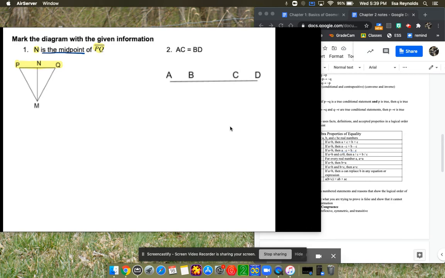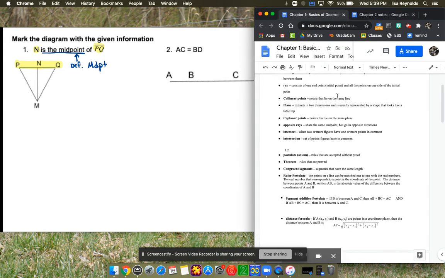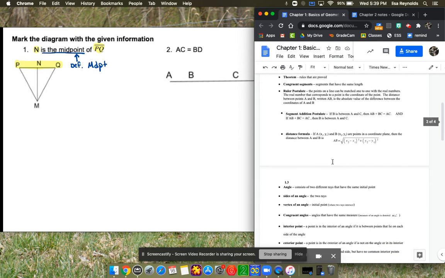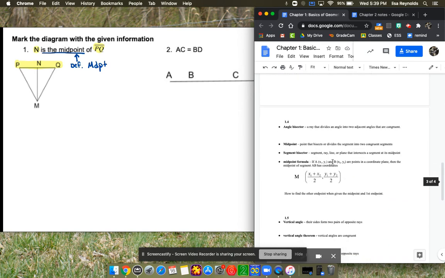So what we're going to do is we need to know what midpoint tells us. So I'm going to go and look up the definition of midpoint. So we learned about midpoints back in chapter 1, and we got the definition of midpoint in section 1.4.